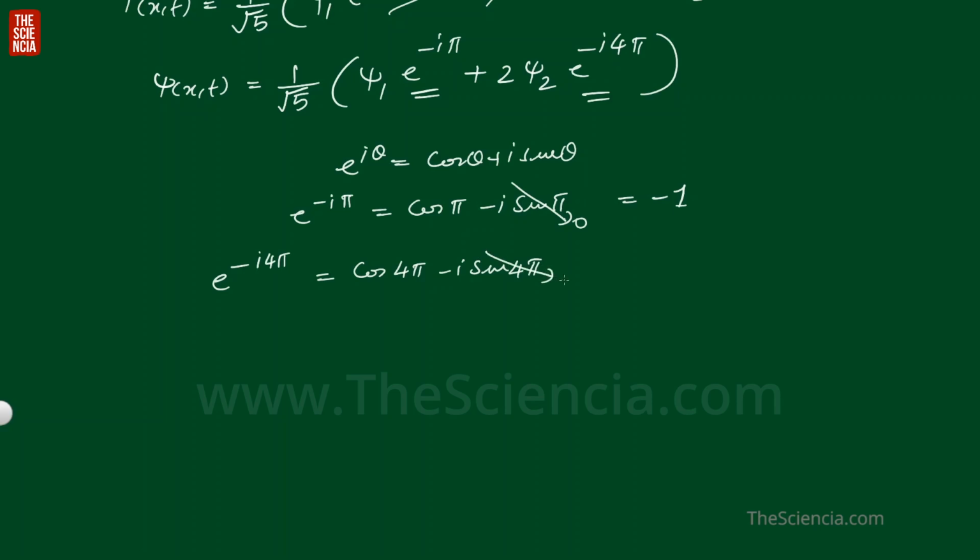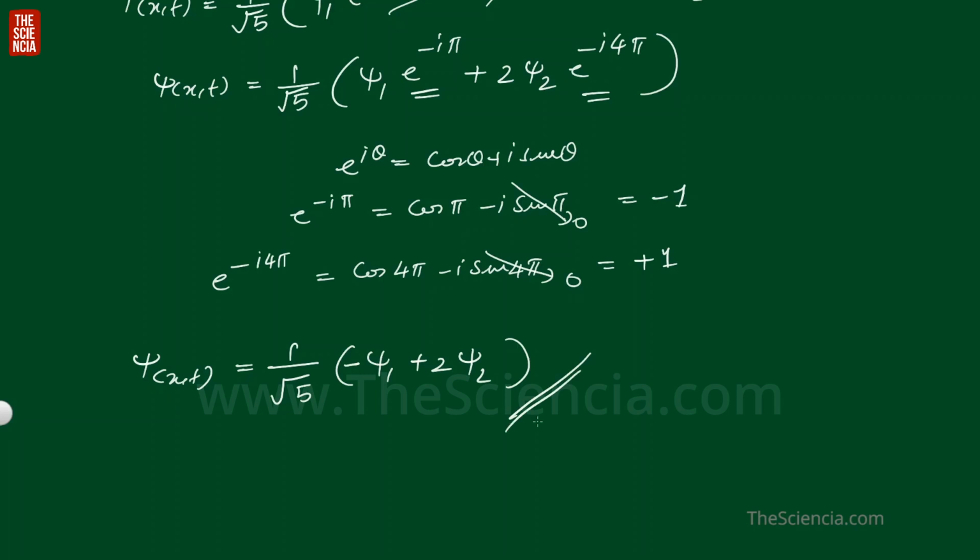We know sin 4 pi is equal to 0 and cos 4 pi is plus 1. So we can substitute these values here. We get the wave function at time t equal to 1 by root 5 into psi 1, where e raised to minus i pi is equal to minus 1, so minus psi 1 plus 2 psi 2. So this is the answer.